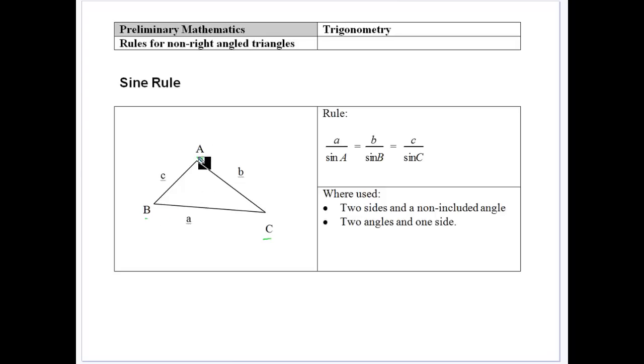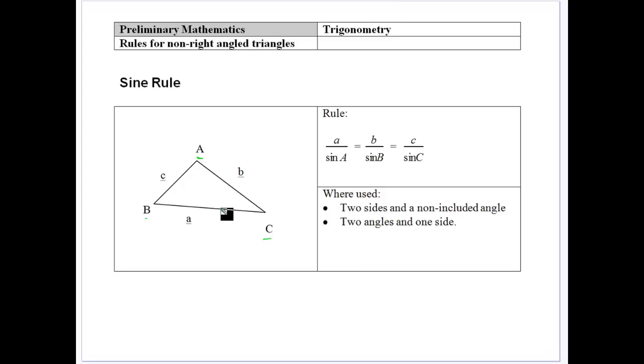So the little a is opposite the big A, and so on for B and C. The rule is that in any triangle, any side over the sine of the opposite angle will be in the same ratio. So a on sine A, b on sine B, c on sine C. And that happens in any triangle. No matter what the triangle is, all the sides over the sine of the opposite angle will have the same ratio.